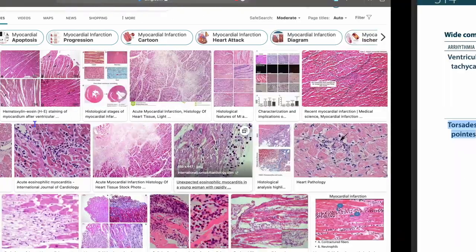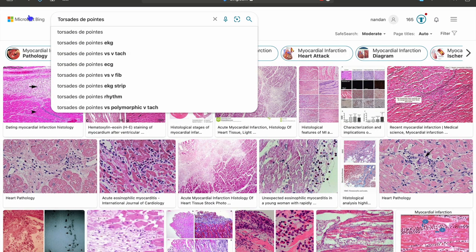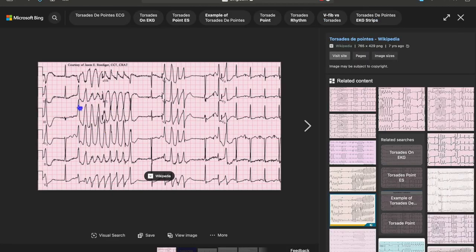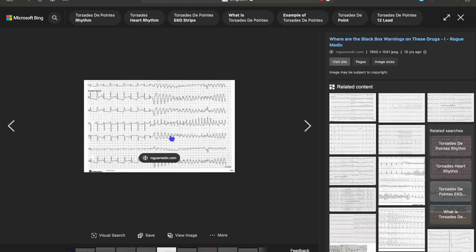So what would that look like in an ECG? So they would give you this, and then they'll ask you, or they might tell you that it's this, right? So it's big and small, right? So small and big. So if you were to draw a line like that, that's what it would look like. Or like this too.